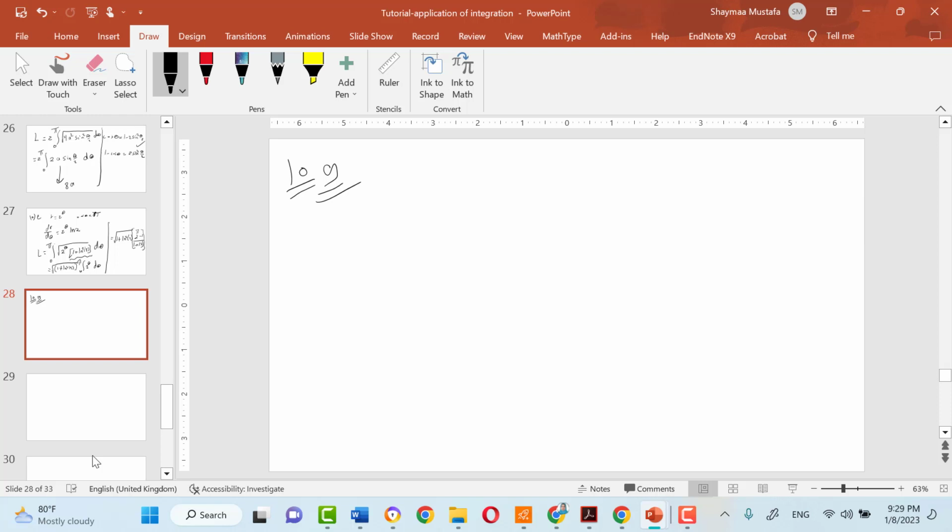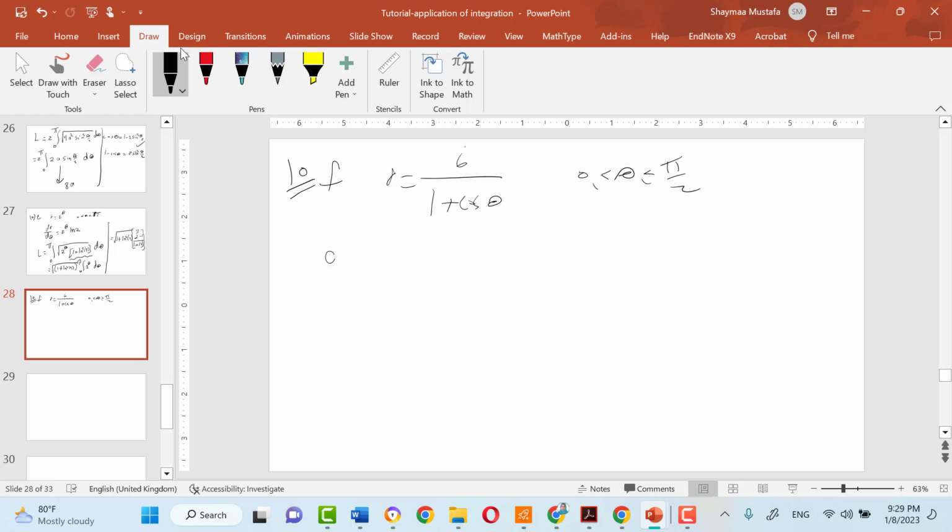Sorry, this one is 10f. 10f: r is equal to 6 over (1 plus cosine theta), theta from 0 until pi over 2.